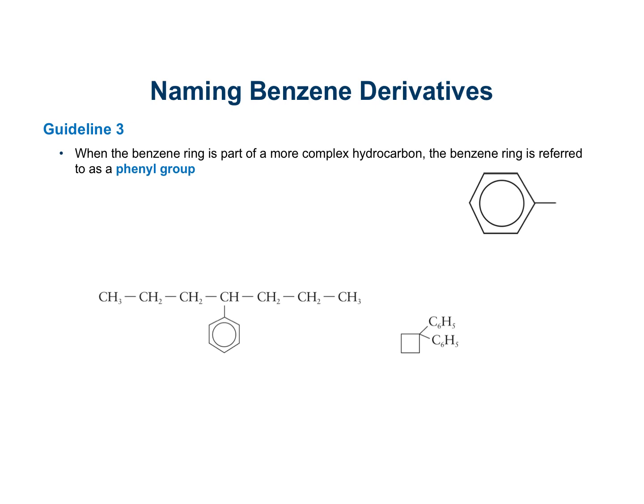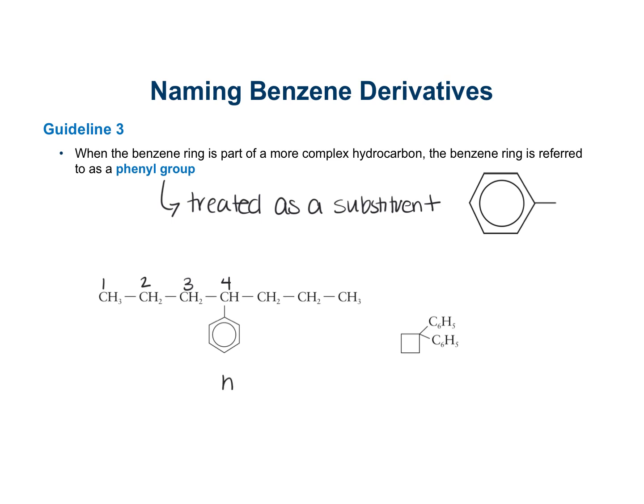Now, when the benzene ring is part of a more complex hydrocarbon, the benzene ring is referred to as a phenyl group, and it's treated really as a substituent. And so here are 2 examples. Here we can see that the benzene ring is off the 4th carbon of a 7-membered chain.